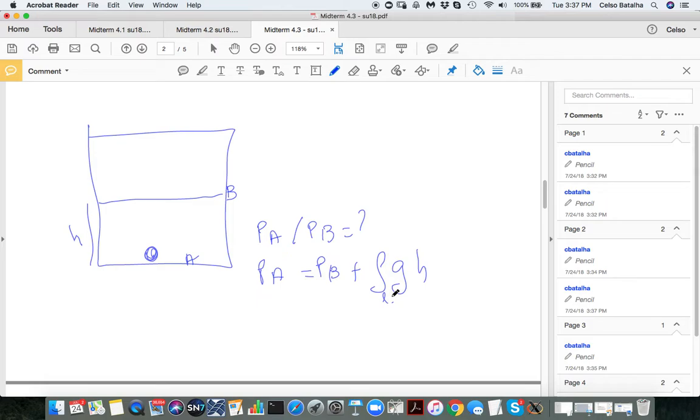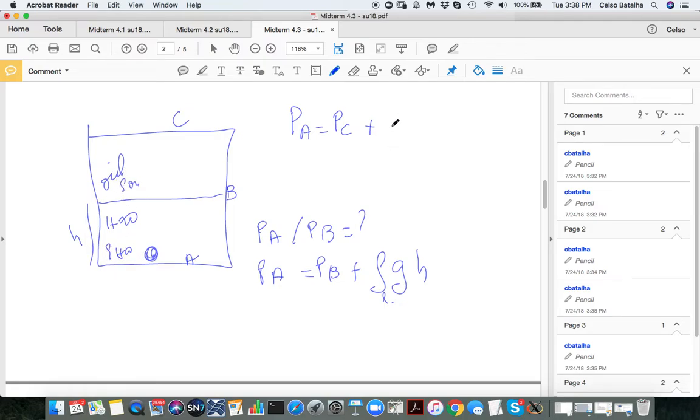Okay. I can make it more complex if I have, for instance, here's water and here's oil. So if I want to say how pressure A compares with pressure at part C, you cannot just say pressure A is equal to pressure C plus... I have density of water and density of oil, so what should I do?